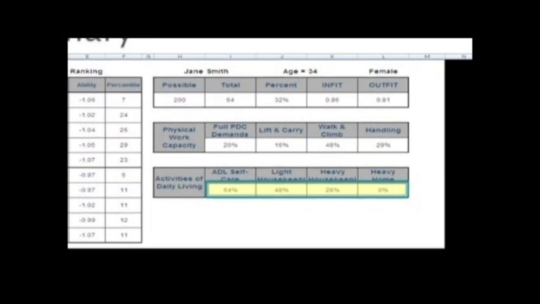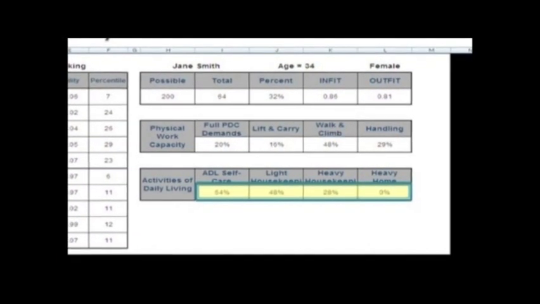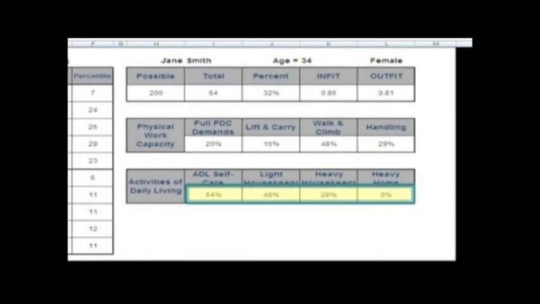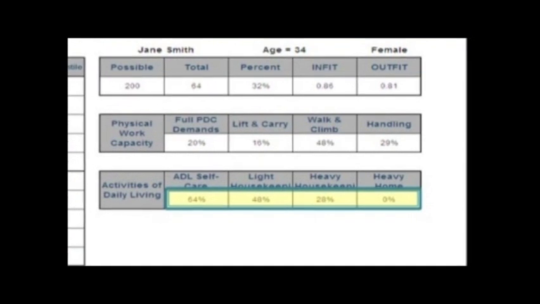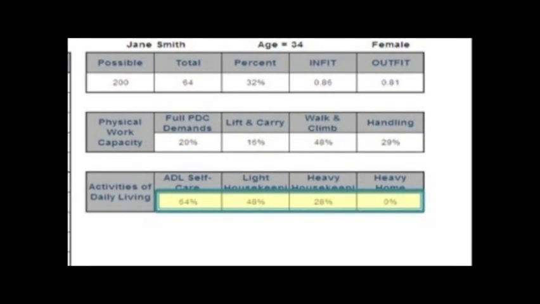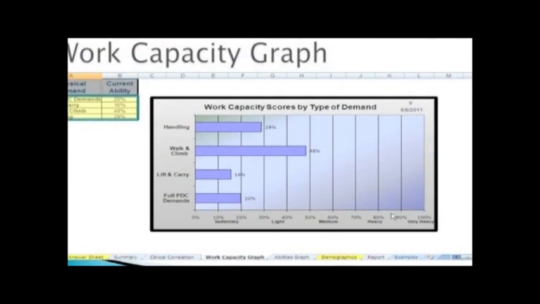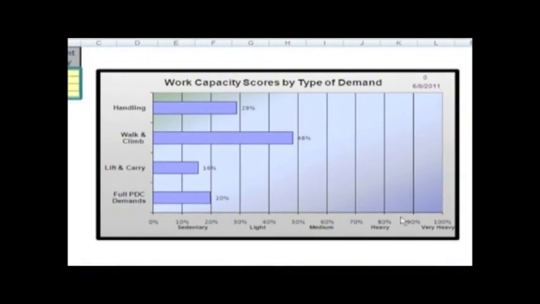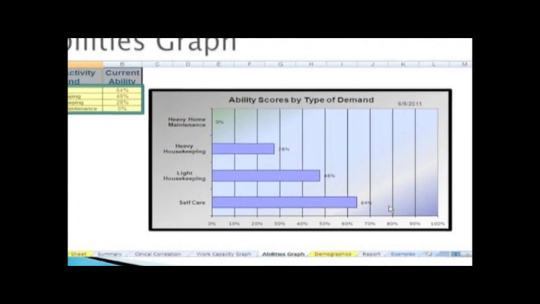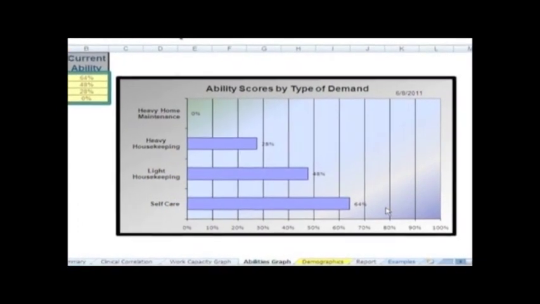As with the set of physical work capacity scores, these scores have to do with percent of possible. Perfect ability would indicate 100% across all 4 categories. The data for work capacity and abilities are presented in separate graphs. Click on those tabs now and take a look.